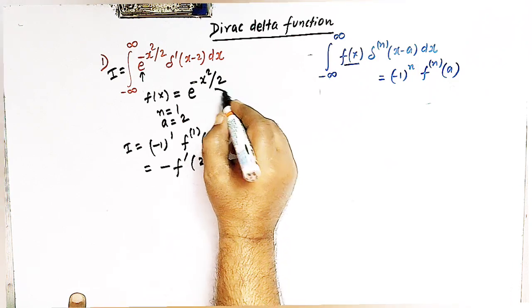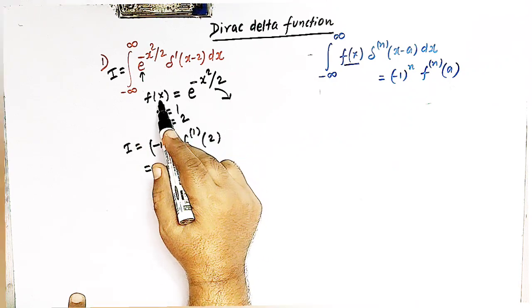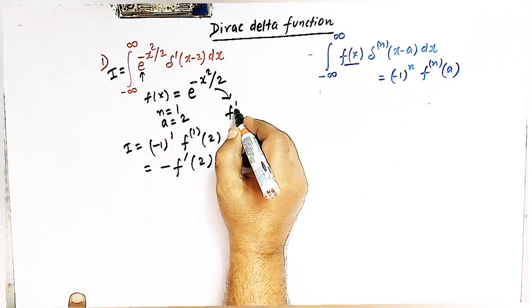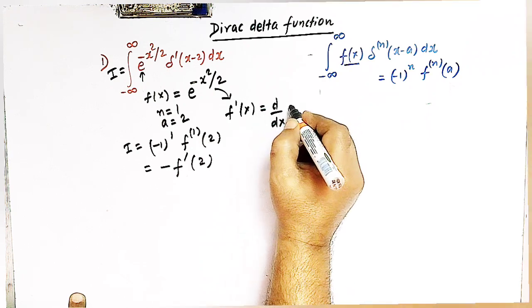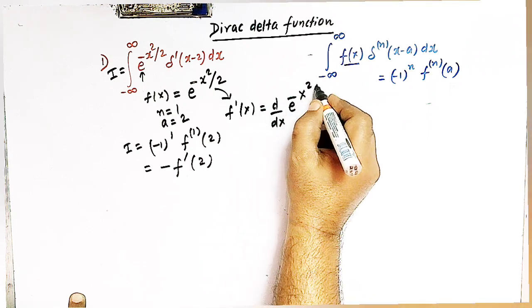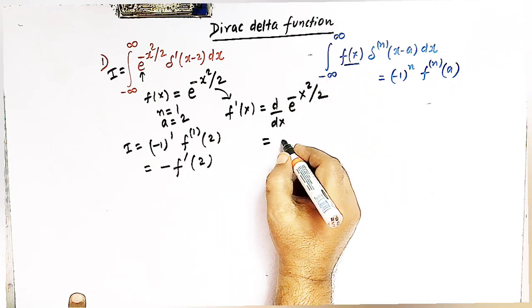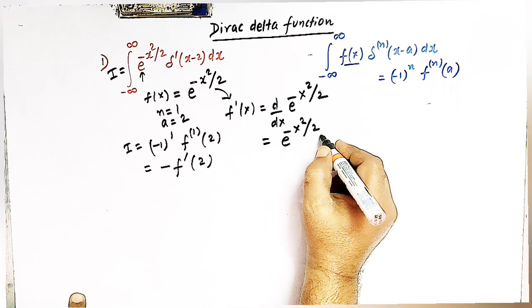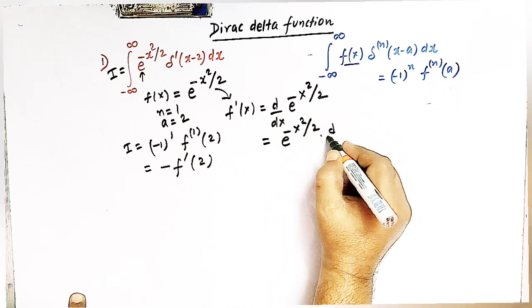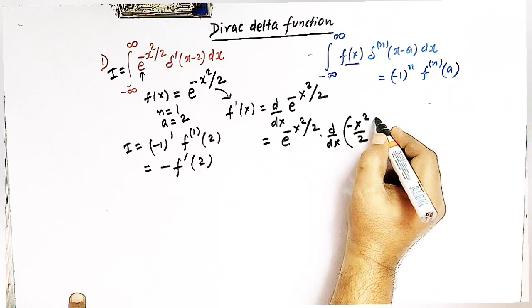So let us differentiate f of x to get the derivative of f of x. So f prime of x is equal to d by dx of e raised to minus x square over 2, and the derivative of the exponential function is the exponential function itself, and by chain rule we multiply by the derivative of minus x square over 2.